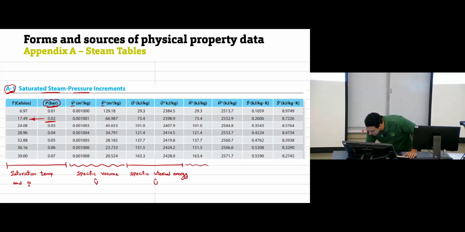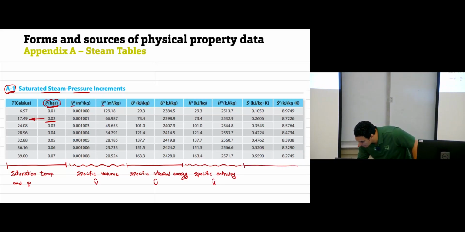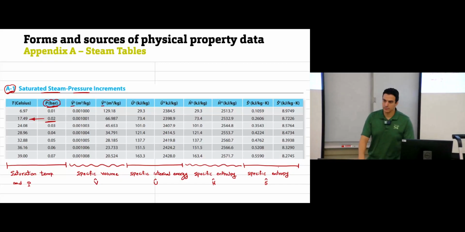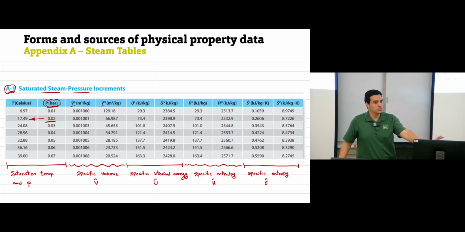These two columns represent specific enthalpy, H hat. The last two columns, specific entropy, S hat. So we have two columns each for specific volume, specific internal energy, specific enthalpy, and specific entropy.